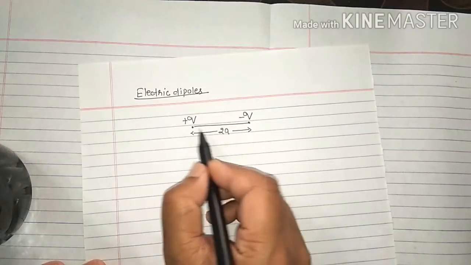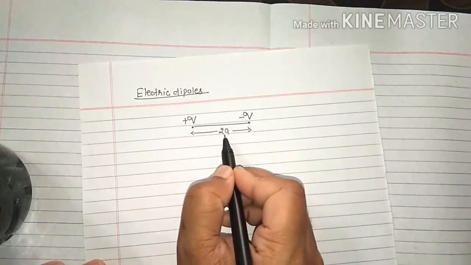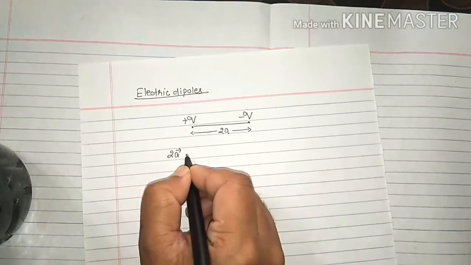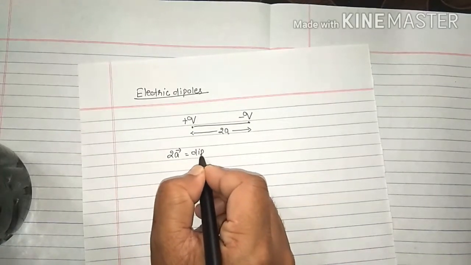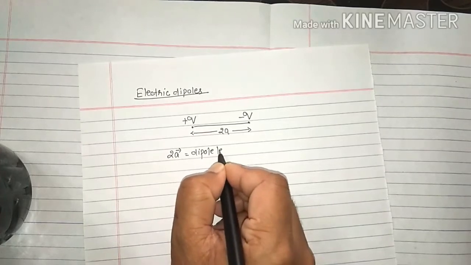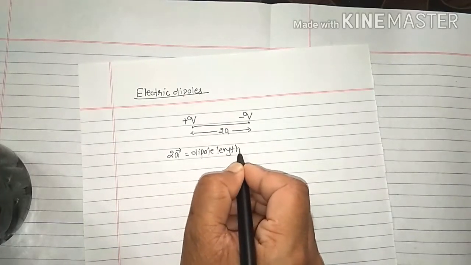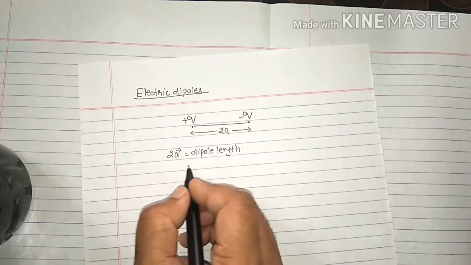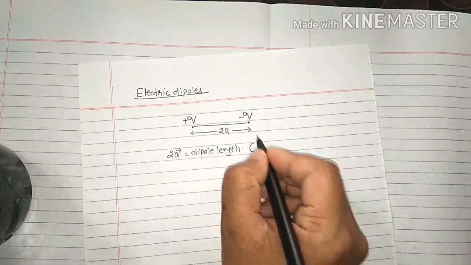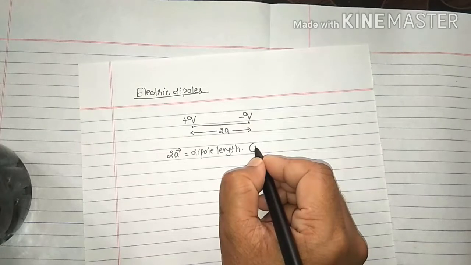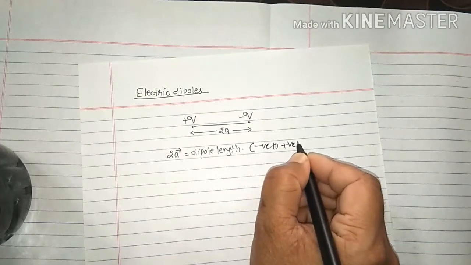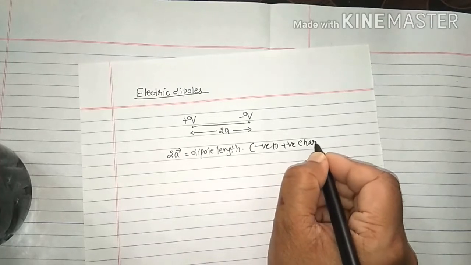The separation between these two point charges, which is 2a, is known as dipole length, which is a vector quantity, and the direction of this dipole length is always from negative charge to positive charge.